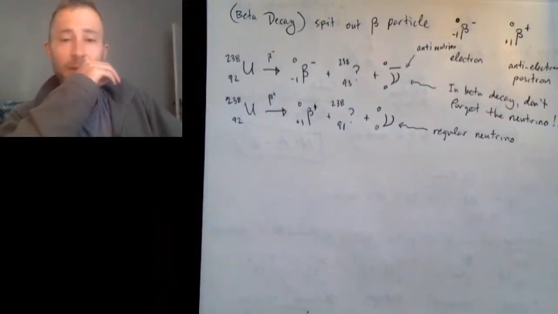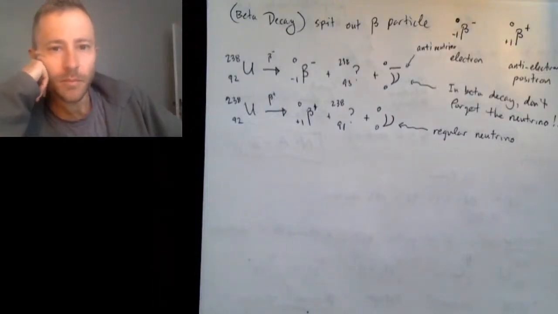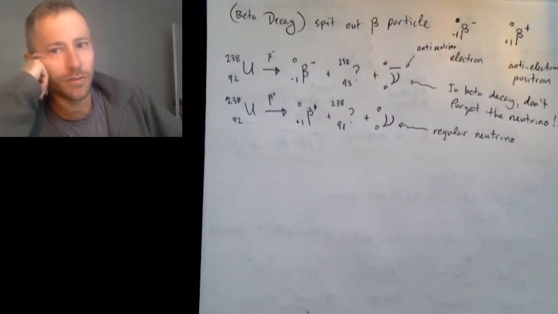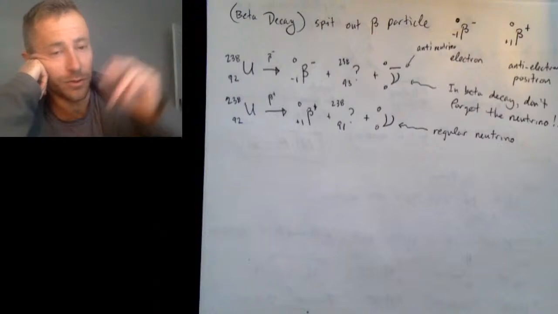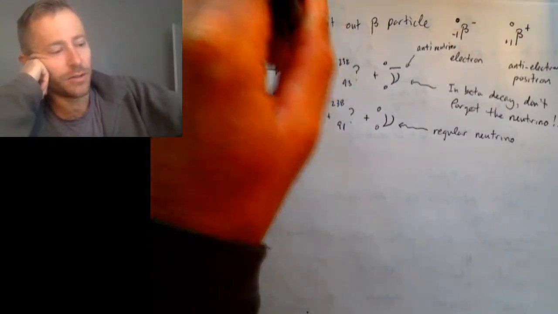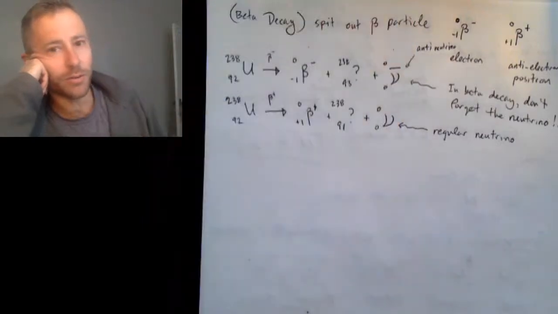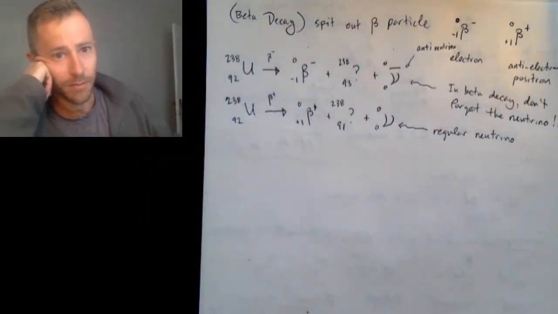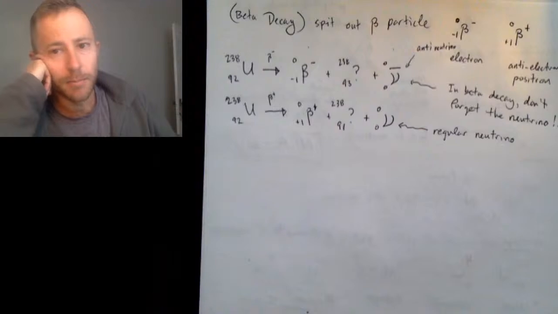So that's a little bit confusing. You have these two types of neutrinos, neutrino and antineutrino. And basically, you're going to have a particle and an antiparticle come out in beta decay. So that is an important little thing.